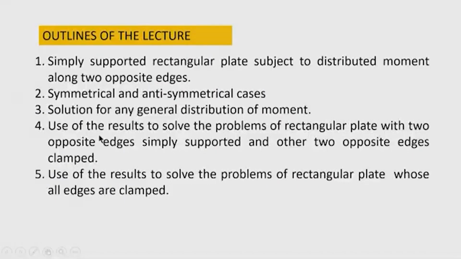Then, the results we have obtained so far for the uniformly distributed load or partially distributed load, and the edge moment, will be applied to find the solution of the plate when two opposite edges are simply supported and the other two opposite edges are clamped.